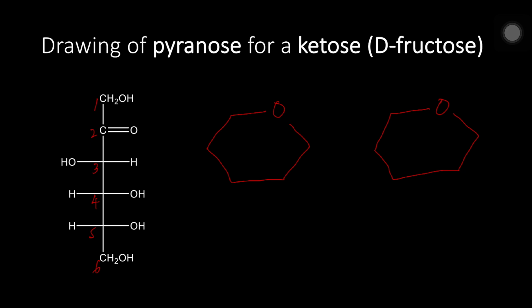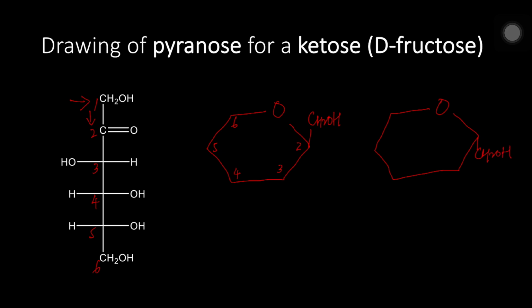Start with the carbonyl carbon, in ketose. The carbonyl carbon is carbon number 2, so we go 2, 3, 4, 5, 6. Now let's look at the carbons one by one. Start with carbon number 1, CH2OH. This CH2OH attached to carbon number 2 can be either up or down. You have a pair of anomers.